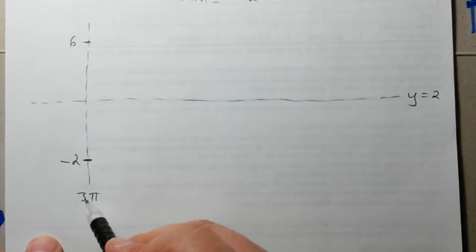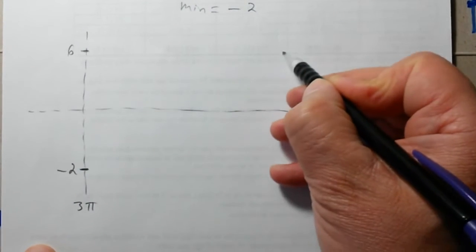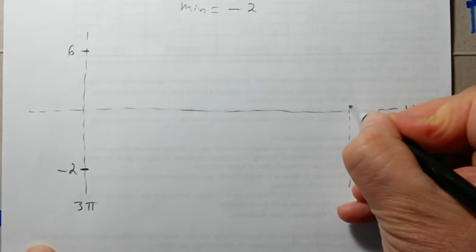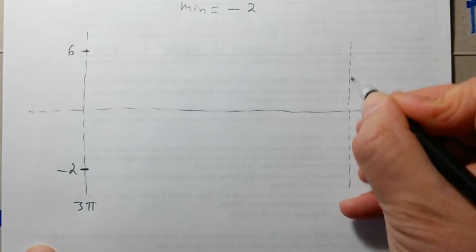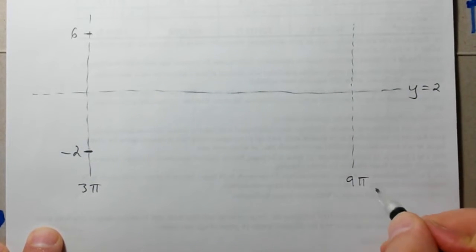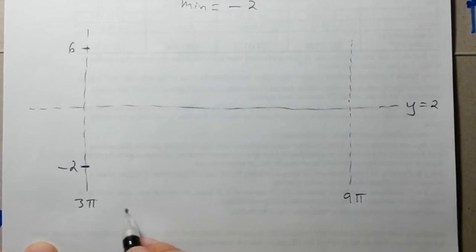Okay. And now if we start at 3 pi and we say that the period is 6 pi, then that means 3 pi plus 6. So we start this way, then we go down, and we're going to end up at 6 pi, sorry. At 3 pi plus 6 pi gives us 9 pi. Okay, so write it down like 9 pi. Now halfway between these 2 points is what?